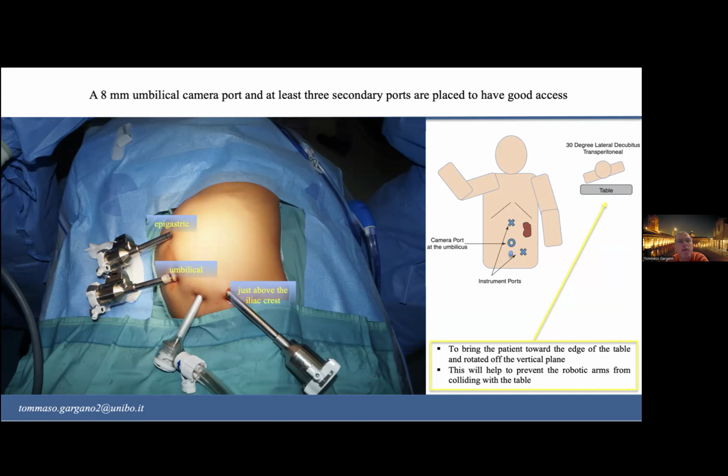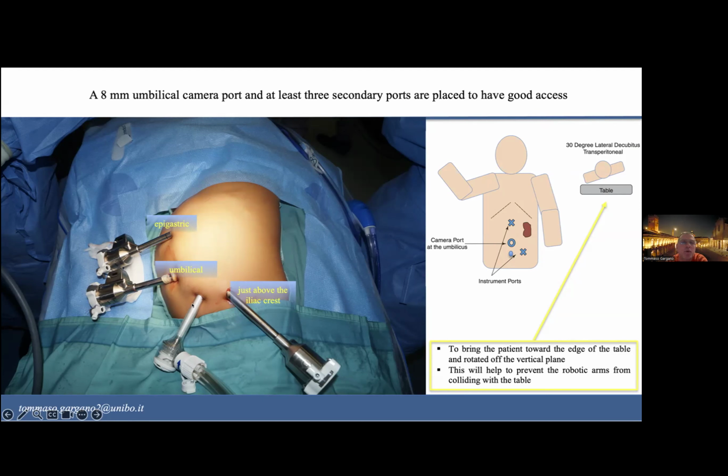In particular, you can see the robotic ports: one in the epigastric zone, one umbilical for the camera, and one just above the iliac crest in the midclavicular line.